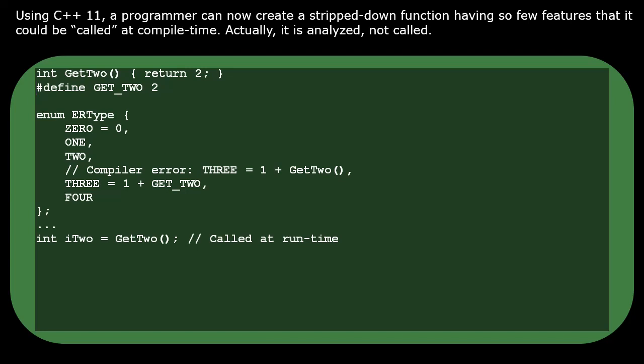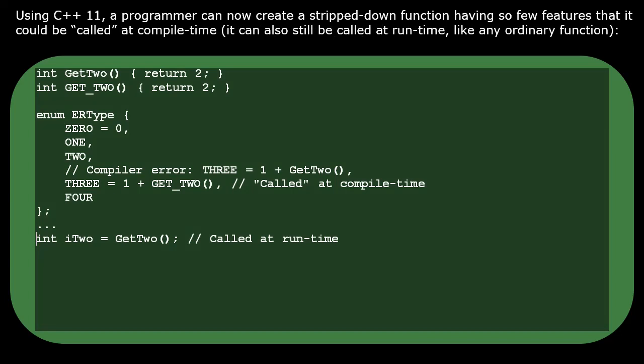But what if the compiler could analyze getTo at compile time, determine that its result would have been 2, and then do something kind of like macro substitution, where that value of 2 gets used for defining this enumeration. Starting in C++11, we actually can do this, but only for some really simple functions.